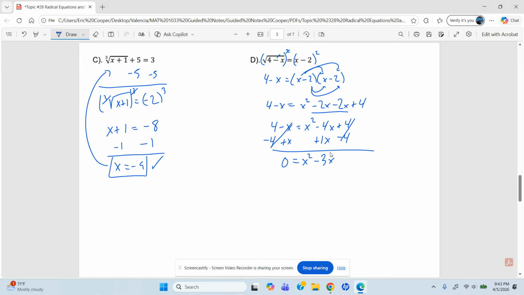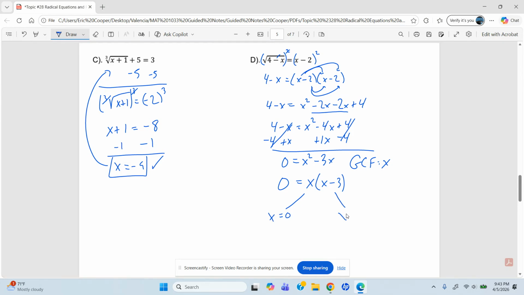So I'm left with just x squared minus 3x. It's two terms and a minus sign, but 3 isn't a perfect square, so I can't do difference of squares. I do notice that both of them have an x, so I'm going to take out a GCF of x. When I factor out the x, I take away an x from each term, and I'm left with x minus 3. Nothing else left to factor here.